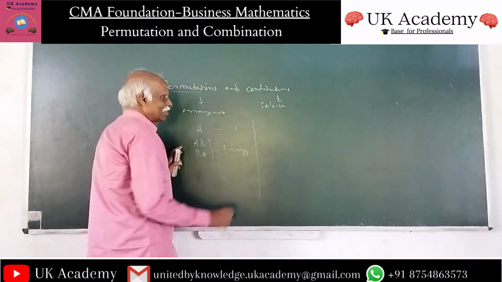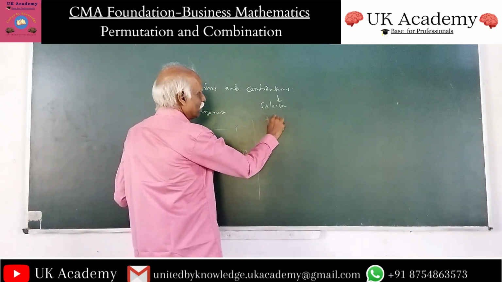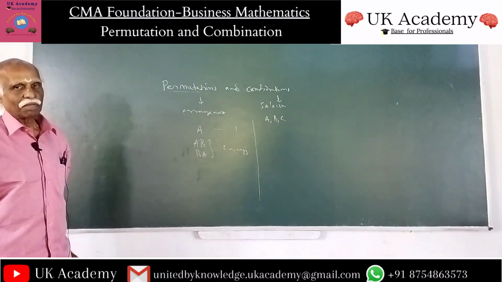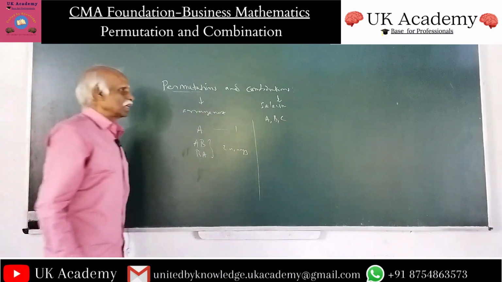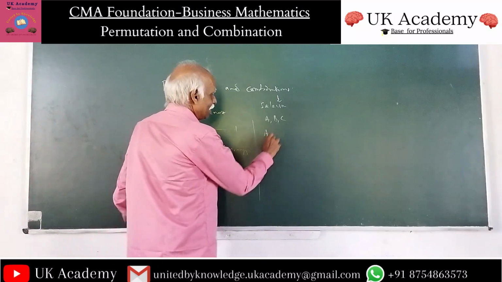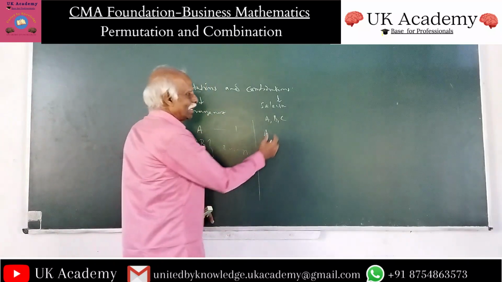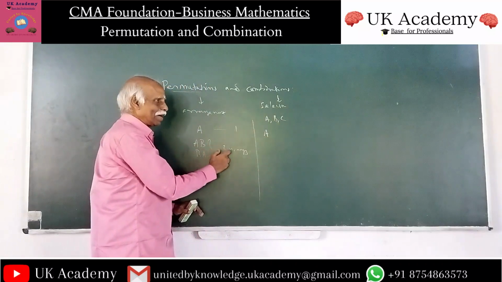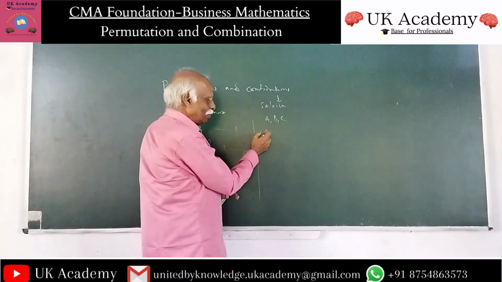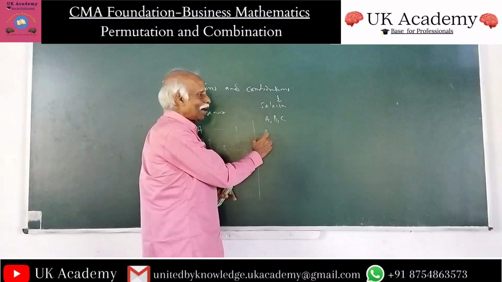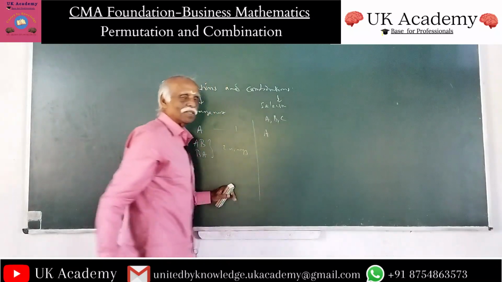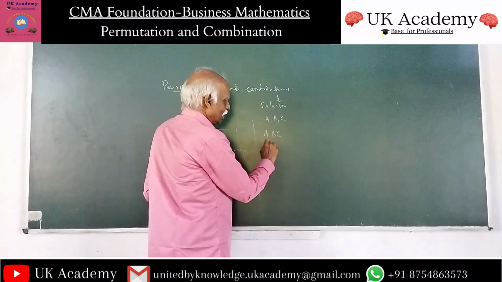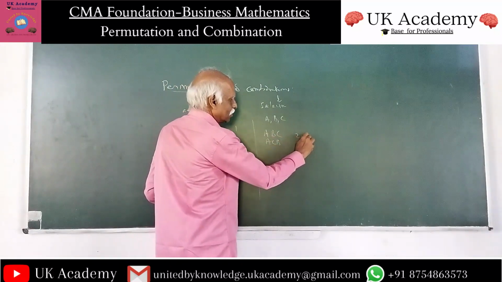Now let me take 3 objects A, B, C, and see how many possible arrangements there are. First let me take A in the first place. Now I have 2 objects B and C. Just now we have seen 2 objects can be arranged in 2 ways. So keeping A in the first place, I can arrange B and C in 2 ways, namely ABC and ACB.